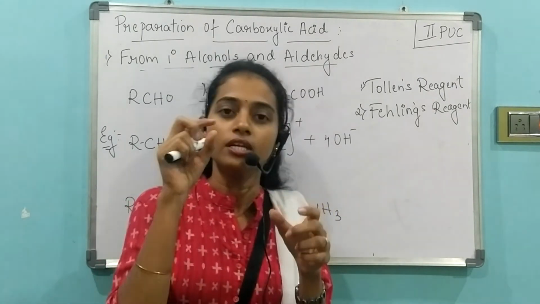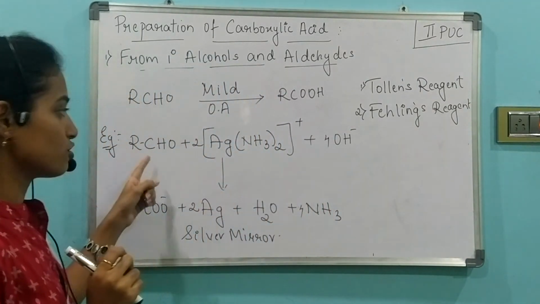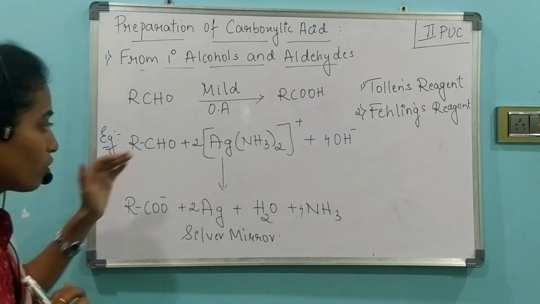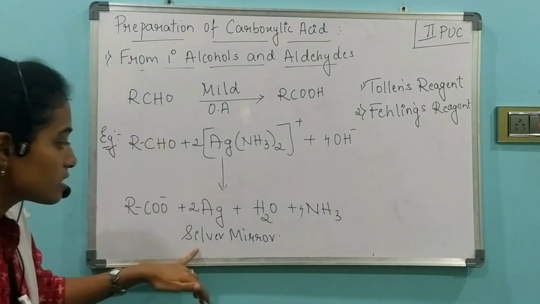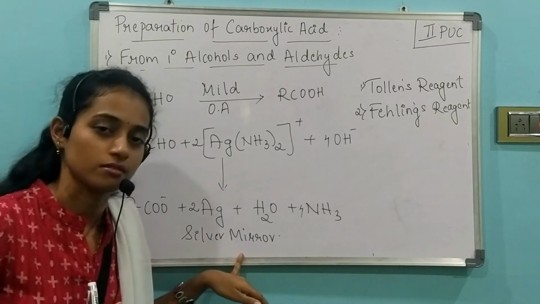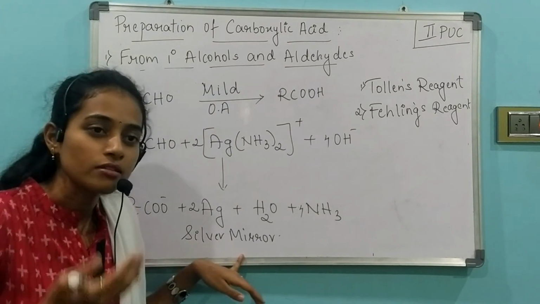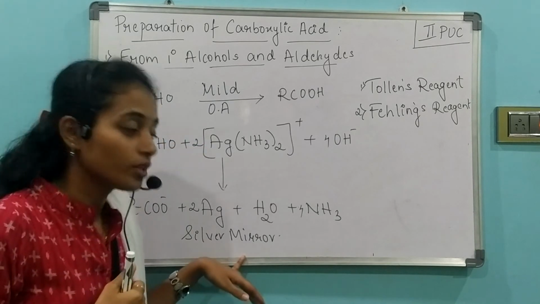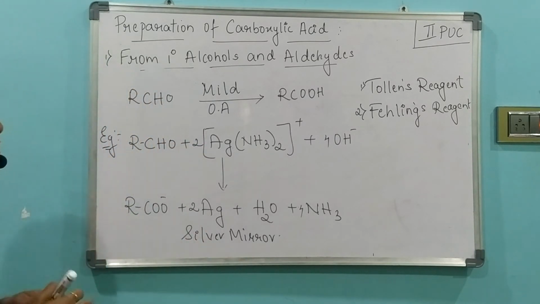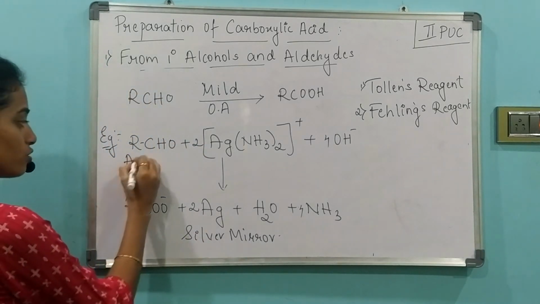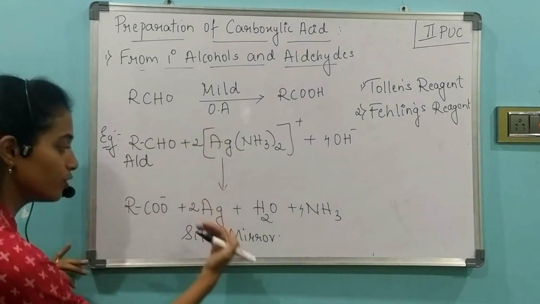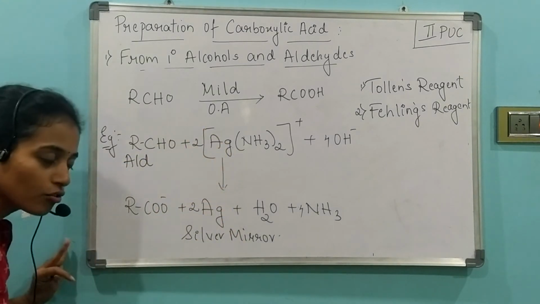When you put it into the sample in the test tube, you will see a silver mirror appearance on the surface. So you can confirm that there is a presence of aldehyde in the given solution, and we have converted it into the carboxylate ion.